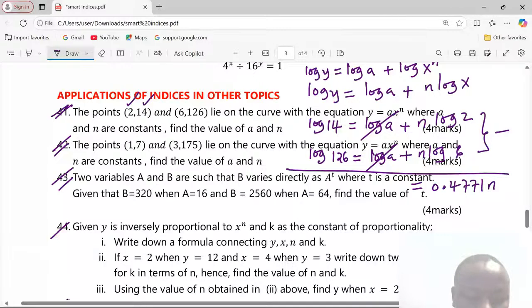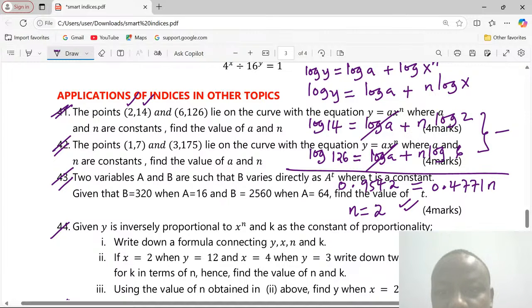Log 126 minus 14, so this I'm getting 0.9542. So that remain with n. Now we have to divide this by 0.4771, and I'm getting exactly 2. So the value of n is 2.